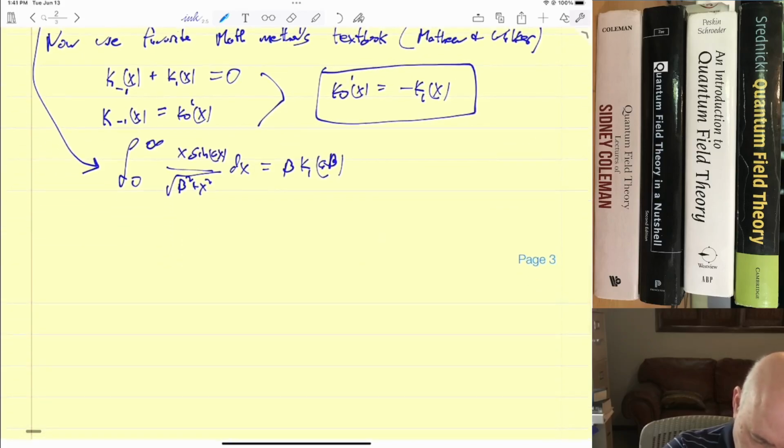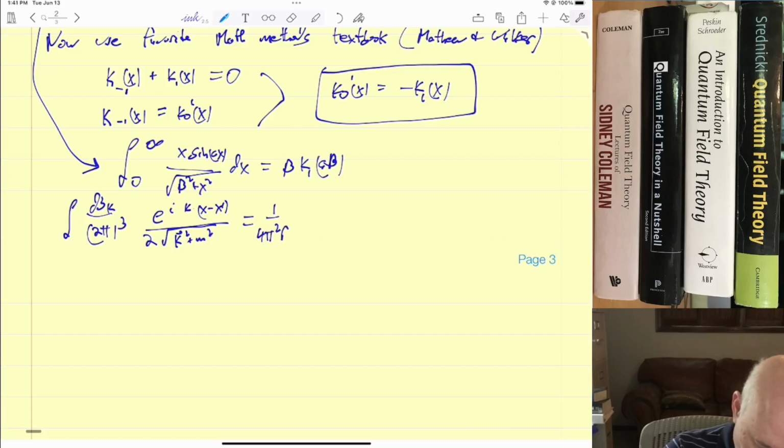Okay, so now going back to our original formula, taking into account the different letters, I get the integral of e to the i k dot (x minus x prime) divided by 2 square root of k squared plus m squared. This is equal to, we showed, 1 over 4 pi squared r, the integral from 0 to infinity, dk k sine kr divided by the square root of k squared plus m squared.